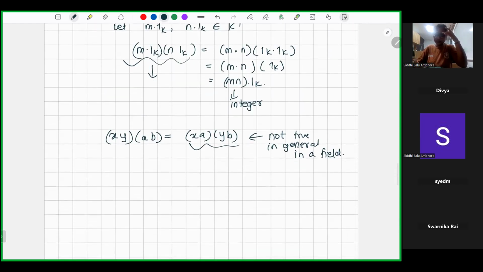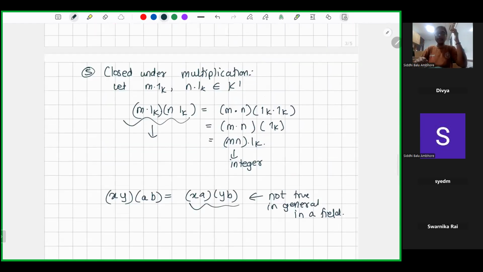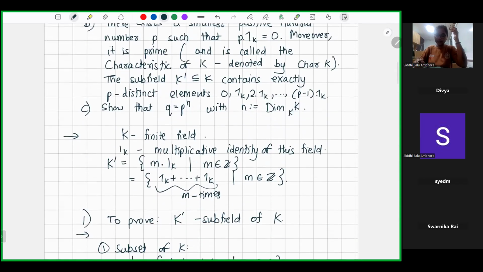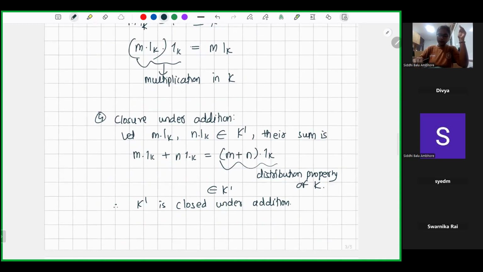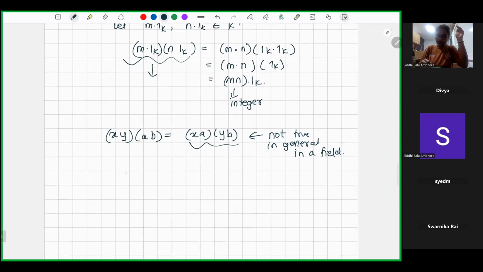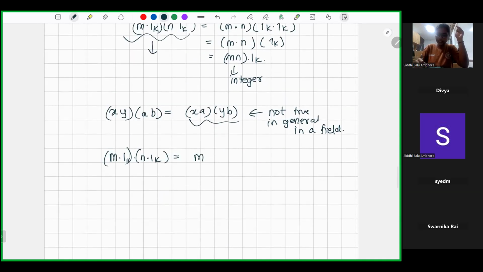The reason is that K is any field, we are not given that K is abelian or any kind of field. We are just given that K is a field, but we could do this here because of m into 1k and this n into 1k, and what I'm essentially doing is this m into 1k, because associativity is there, that's not a problem.